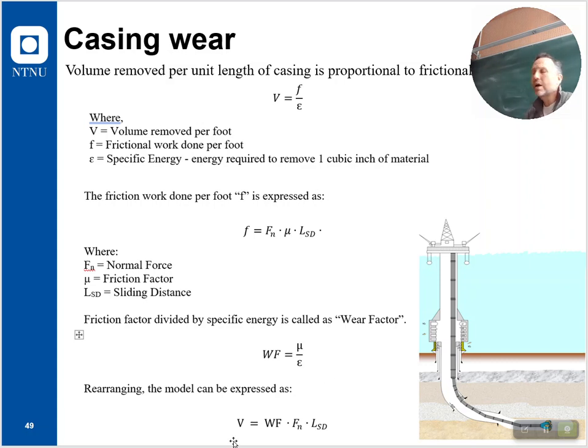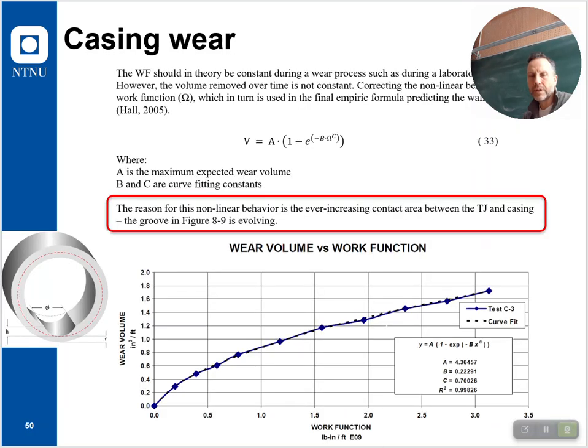And our formula at the end of the day is basically coming down to the volume removed is the wear factor times the normal force times the sliding distance. This becomes very simple in that way. But it's not that straightforward because wear typically is not linear.